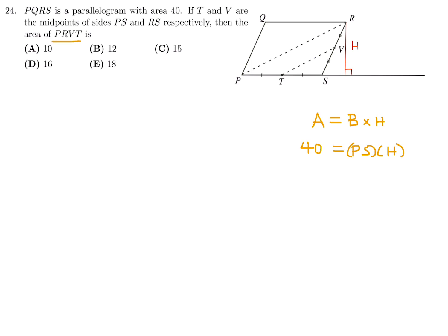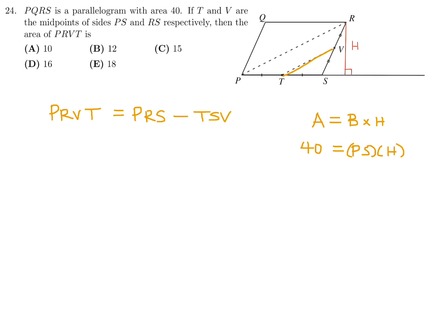Now let's go back and look at PRVT. PRVT is what they want me to figure out the region, the area of. Well, PRVT is going to be half of the parallelogram, which is PRS, minus this little guy, this triangle, TSV, I guess.